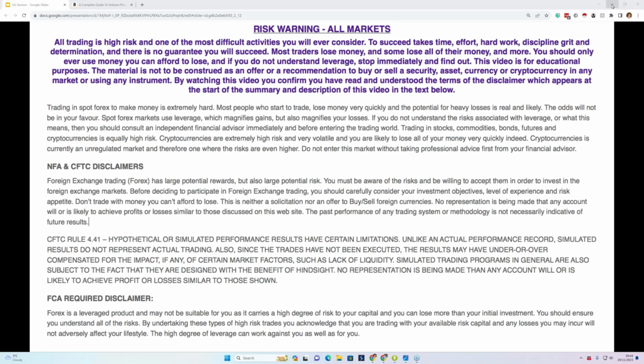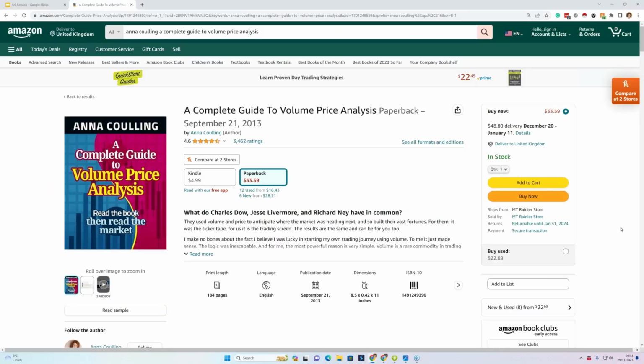Those of you who come regularly will know that we will be looking at the markets from a technical perspective through the prism of what we call volume price analysis. And this is the book where the concepts of this methodology are laid out.